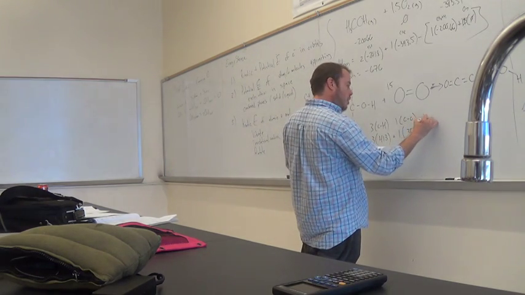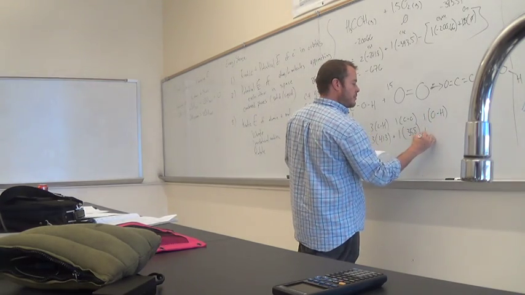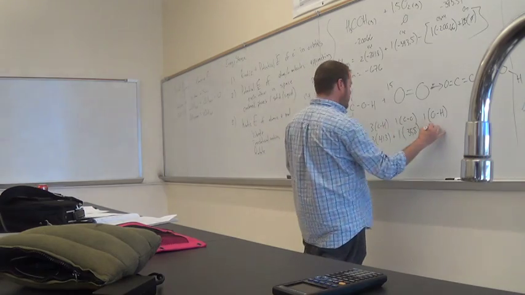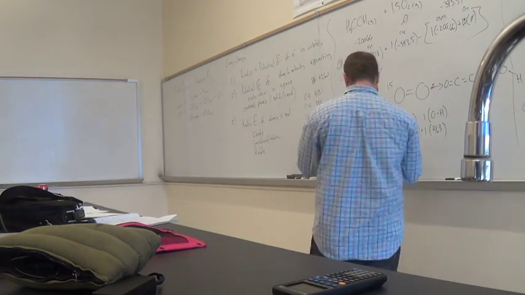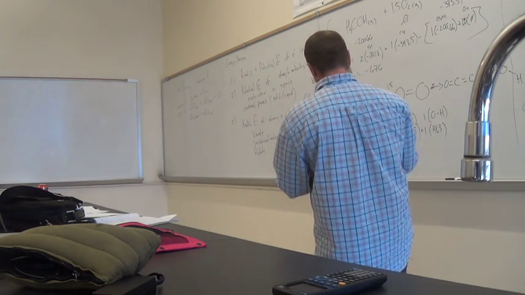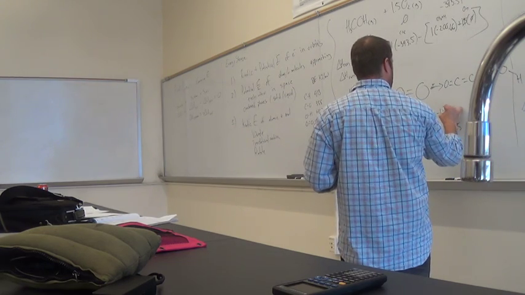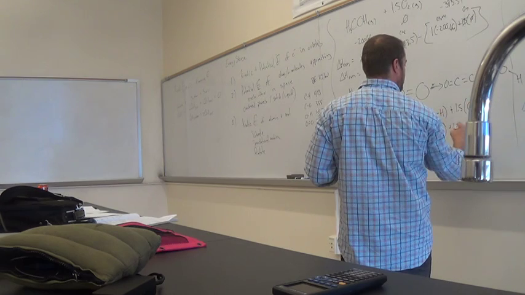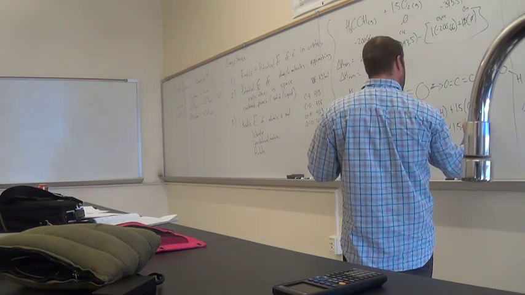You've got 1 oxygen-hydrogen bond. So this guy, we said, is 463 kilojoules per mole. And then you got 1.5 oxygen-oxygen double bonds. So that's 1.5 times 495.